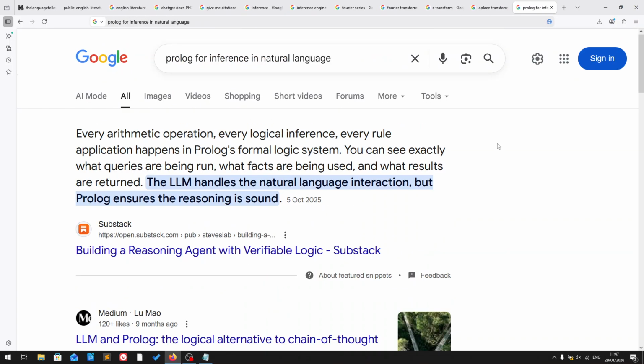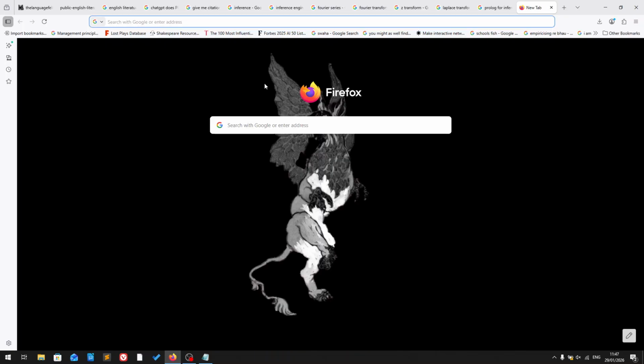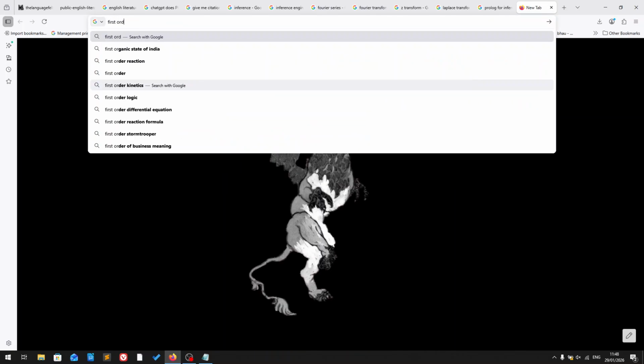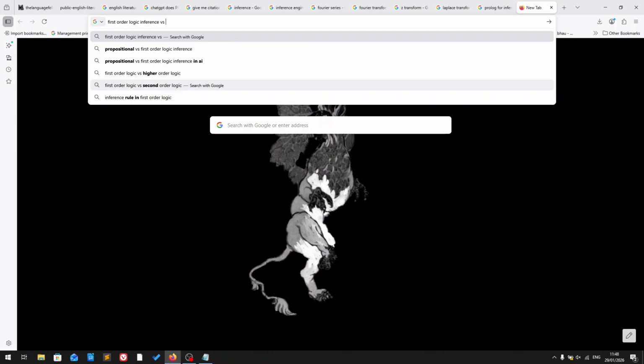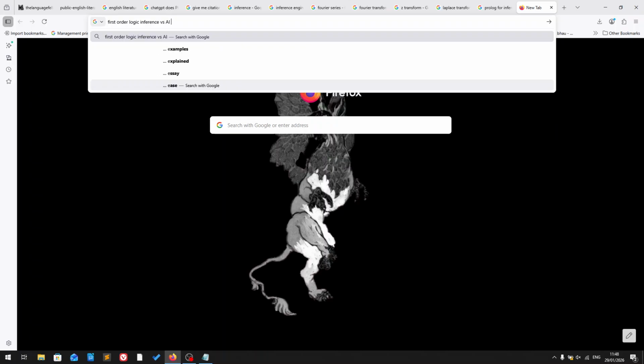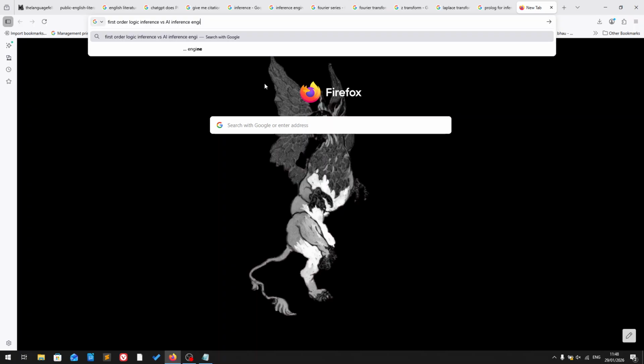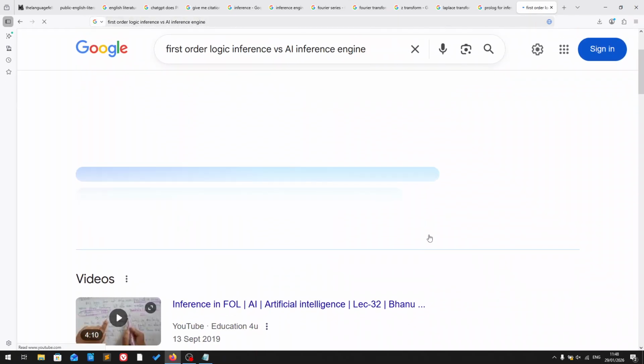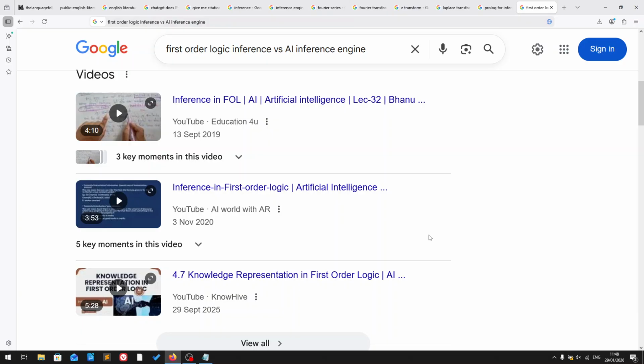Point is, I was talking about inference. So first order logic, inference versus AI inference engine. See, that's 2019.